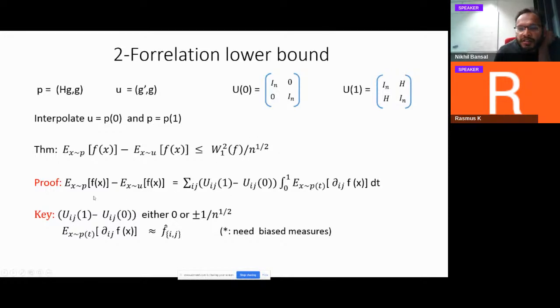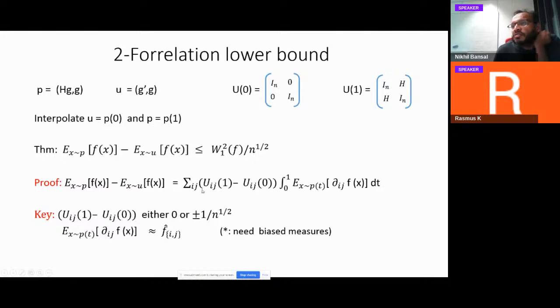Okay, so if you just apply the Gaussian interpolation formula, it's exactly tailored for what we wanted, right? So this difference is exactly, I'm just writing the Gaussian interpolation formula. Now let's see what this does. This is the final covariance minus the initial covariance. The final covariance for us is this, the initial covariance was this.